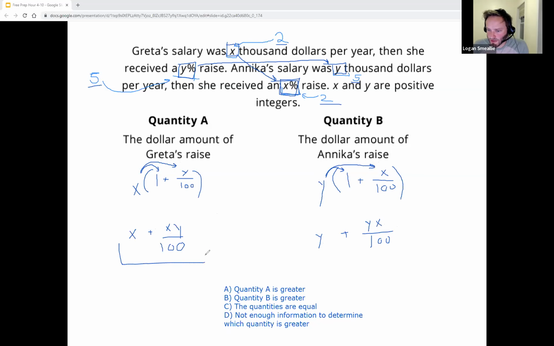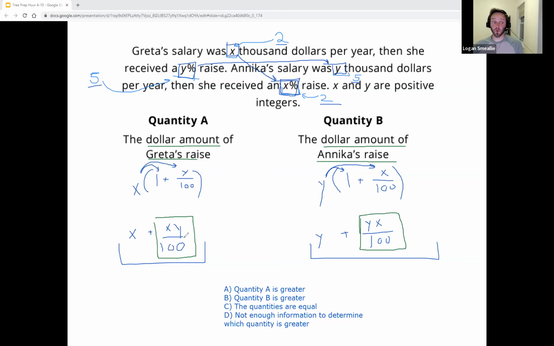Now, these things are not necessarily the same, but what are they asking? They're asking for the increase. Like, how much was the raise itself? And that is just these two things: X times Y over 100, Y times X over 100. Same result.